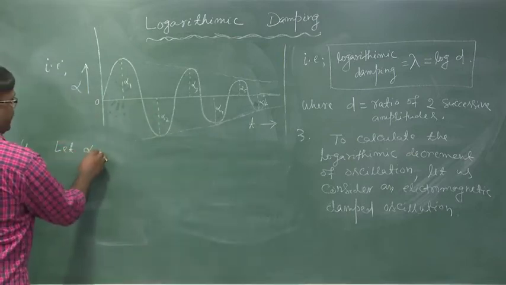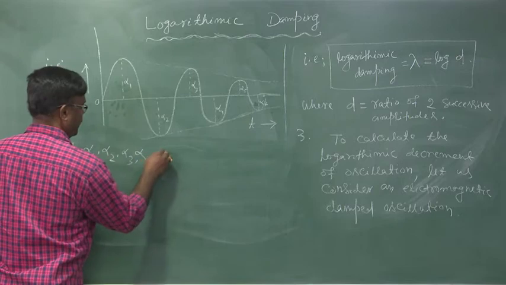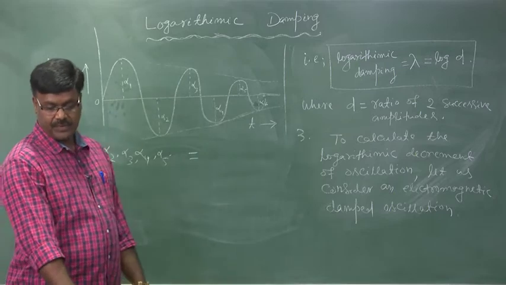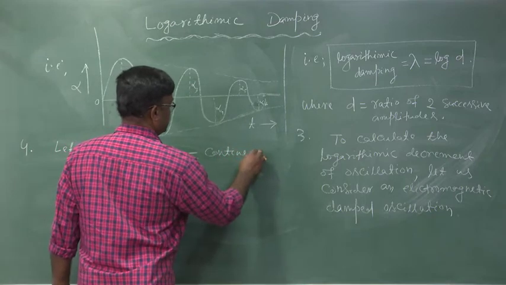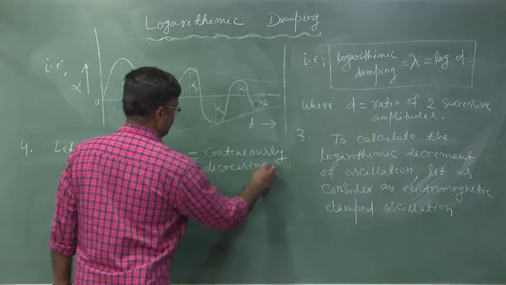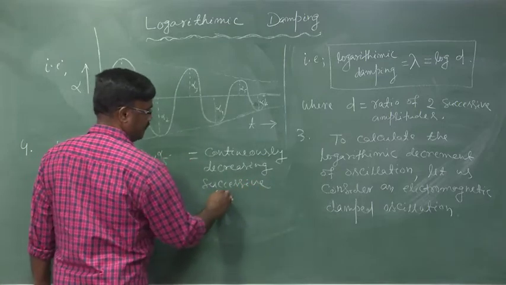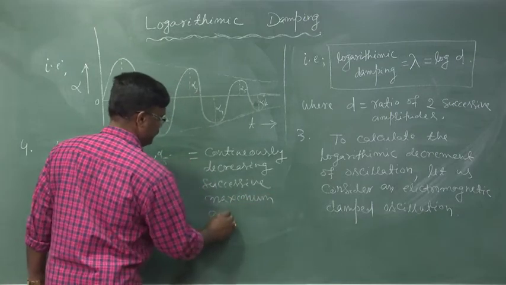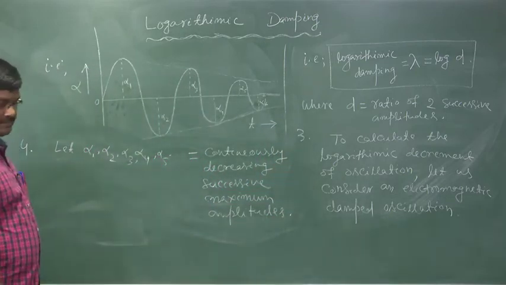Let alpha 1, alpha 2, alpha 3, alpha 4, alpha 5 be the continuously decreasing successive maximum amplitudes.